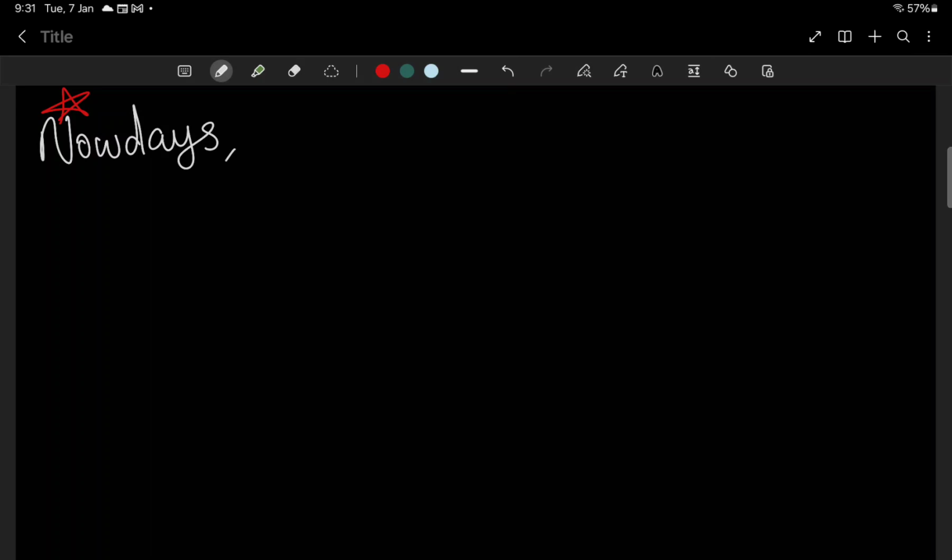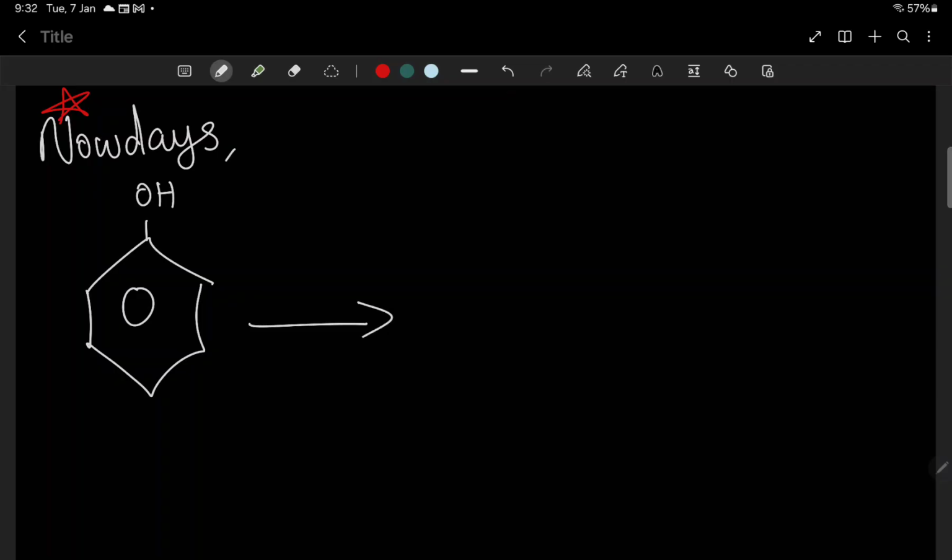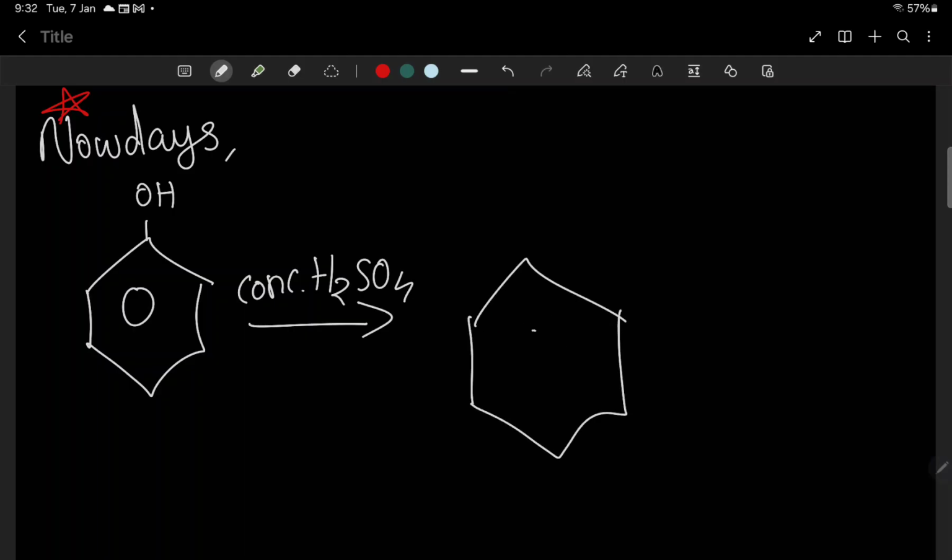First, take phenol and treat it with concentrated sulfuric acid. So what we get is a compound that is just ortho-para, not 2,4,6, just 2,4 substituted.